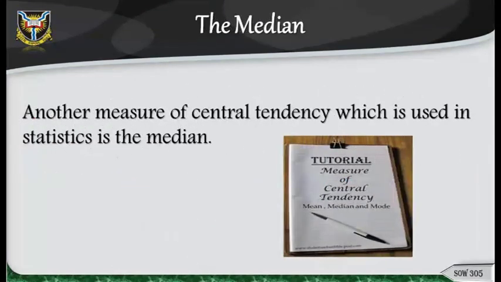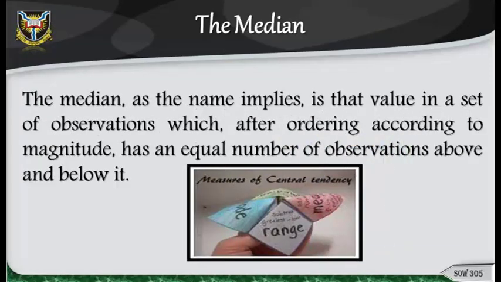Content. The median. Another measure of central tendency which is used in statistics is the median. The median, as the name implies, is that value in a set of observations which, after ordering according to magnitude, has an equal number of observations above and below it.